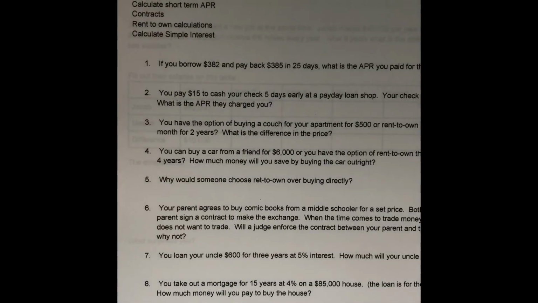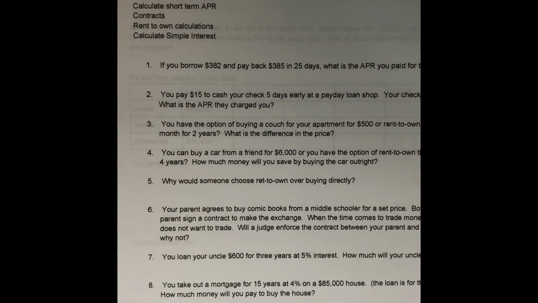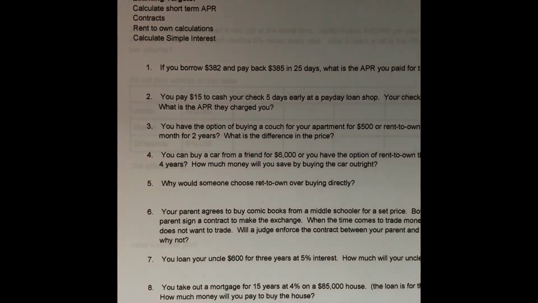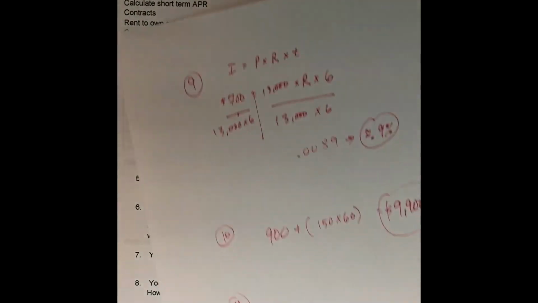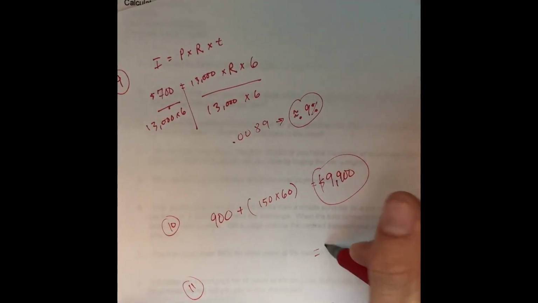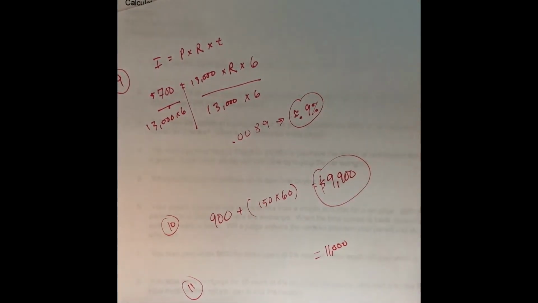Number 11 says you pay a total of $500 per month for 18 months to pay off the total cost of the car. How much was the down payment? So the car is 11,000. 11,000 is how much the total cost is.